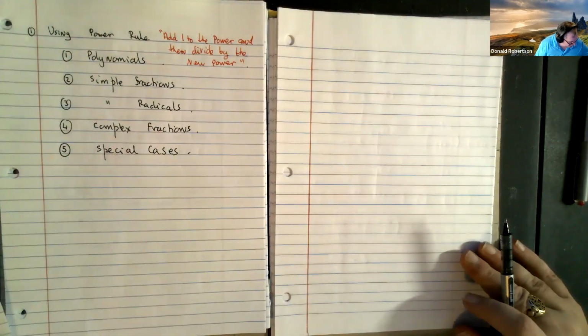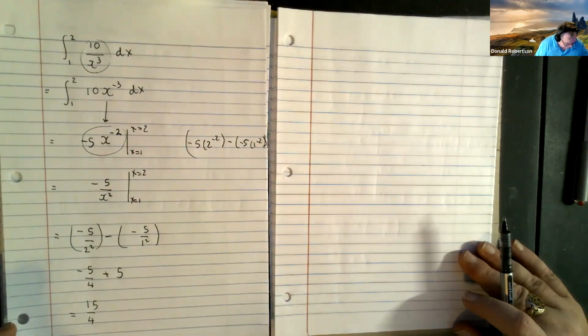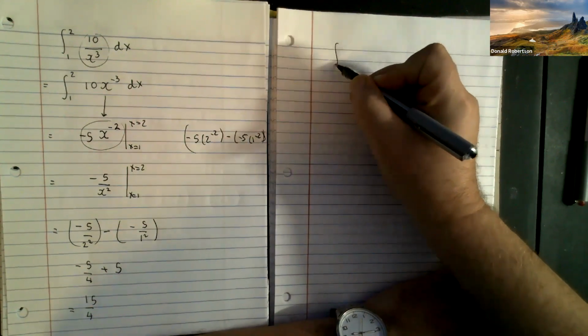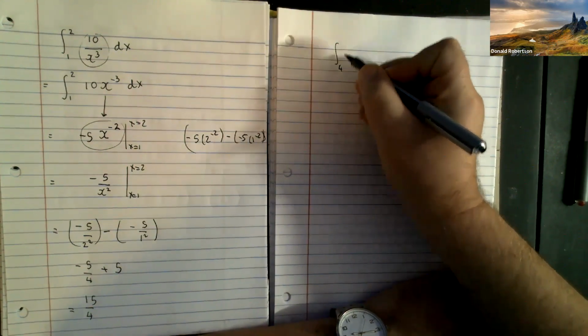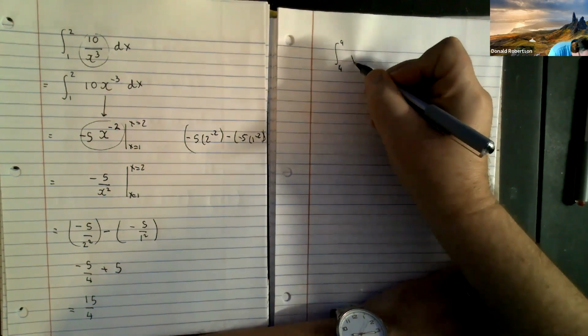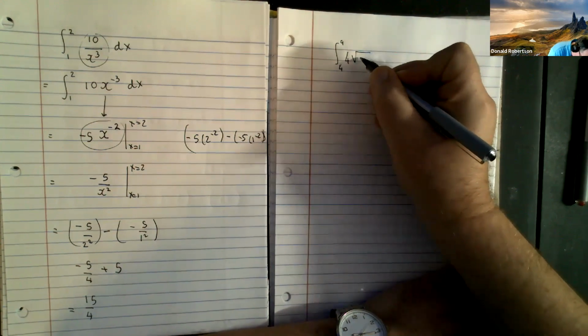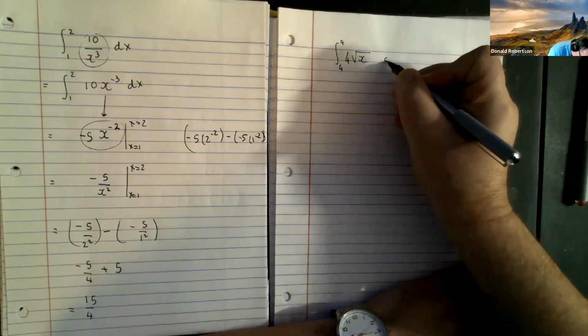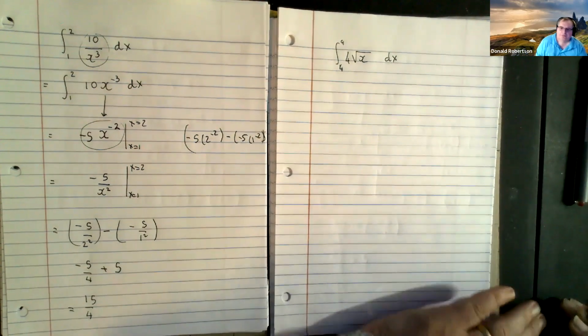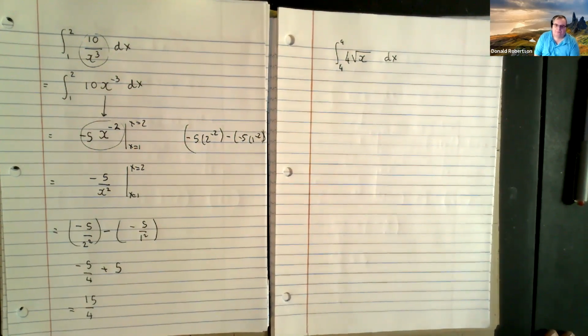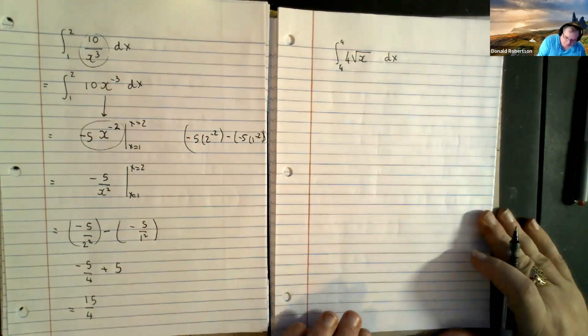How about this situation then? Just keep that there for a minute. I would like to know the integral of 4 times the square root of x dx. And I am still on power rule.